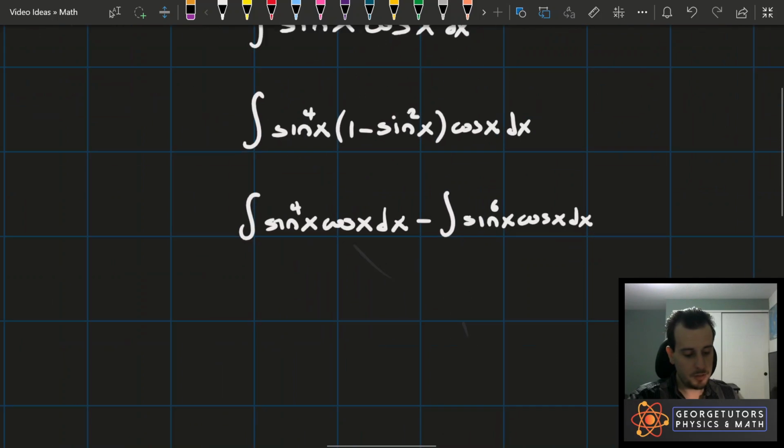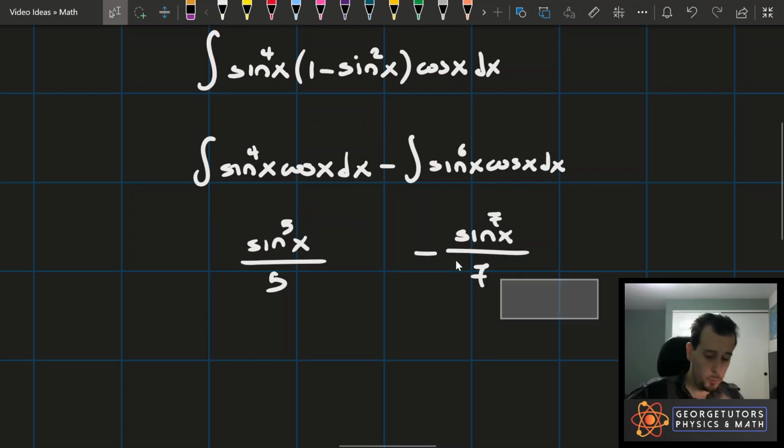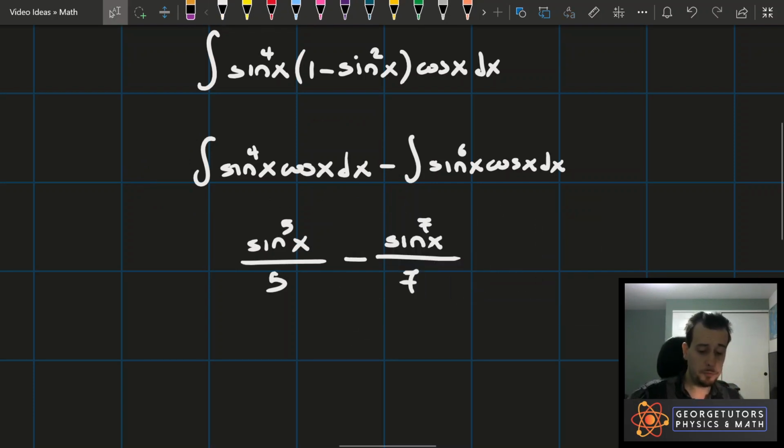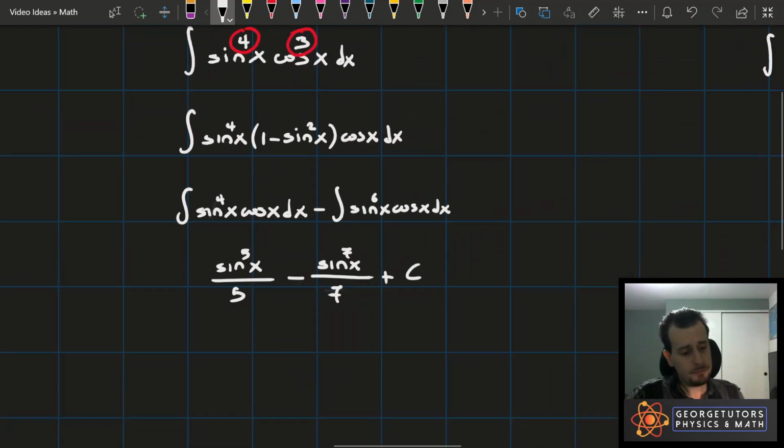Basically boost the powers of sine by 1. So sine to the 5th and sine to the 7th here. And divide by those new powers. So divided by 5 here and divide by 7 there. Keep the signs the same as they were before. So we're going to have a negative for the second integral. Merge them together and don't forget your integration constant. And that's it. Really, it is that simple once you know what we've already learned.